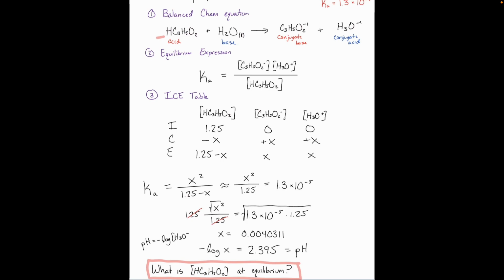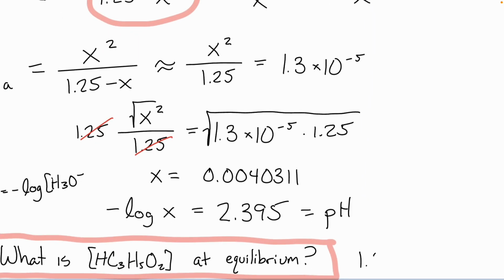All right, where could I look to find my concentration of acid at equilibrium? The ICE table, right? Now I'm just going to look in this column here. At equilibrium, it's that 1.25 minus x. And if we take our 1.25 minus x, we'll see that it's 1.245968.